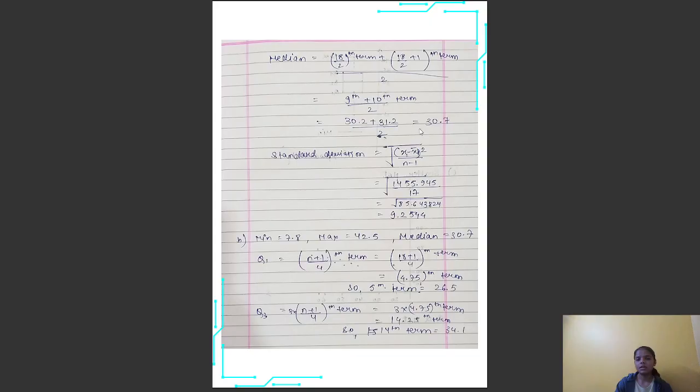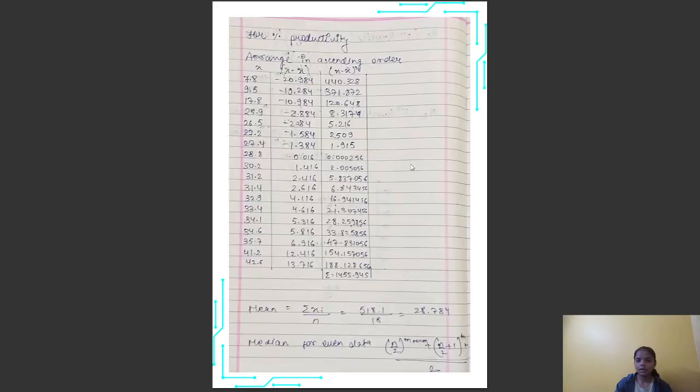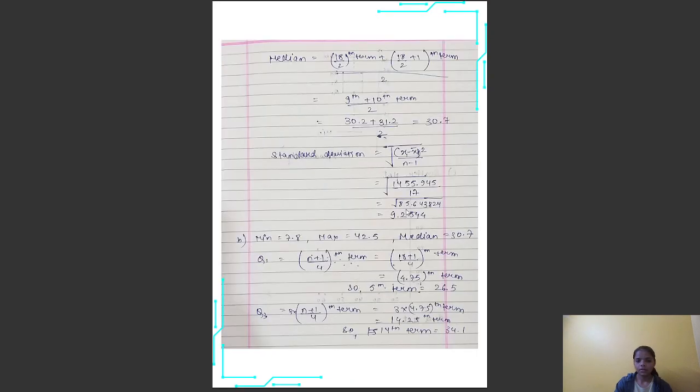So our median is 30.7. Now to calculate the standard deviation, our formula is the square root of summation of (x minus x bar) whole square upon n minus 1. We substitute the values from this table and get our standard deviation as 9.2544.